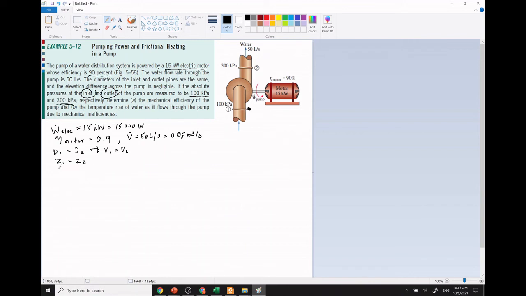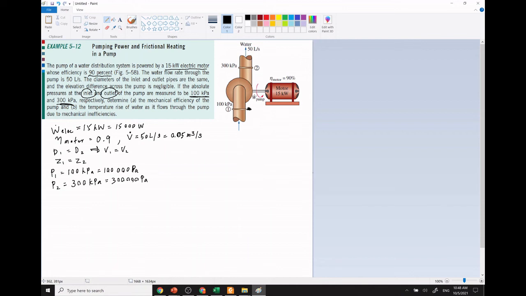You can write down here P1 is 100 kilopascal, P2 is 300 kilopascal. Okay, so it's a very huge pressure.